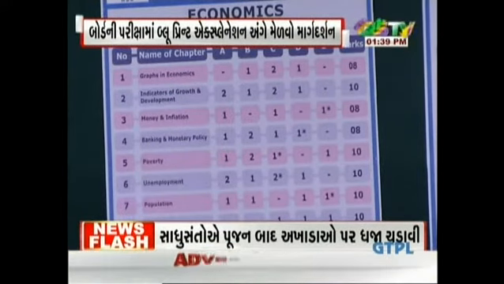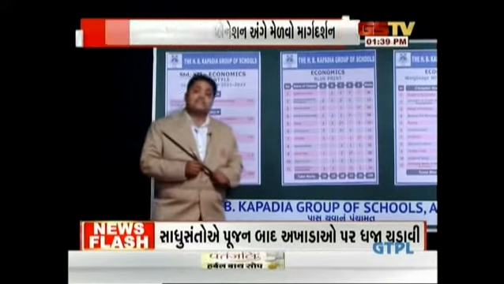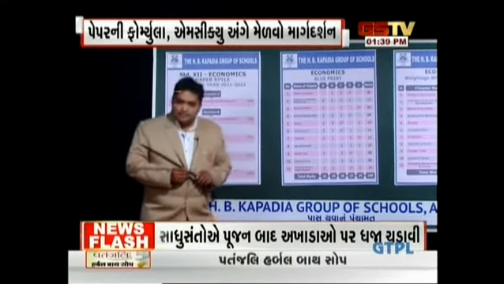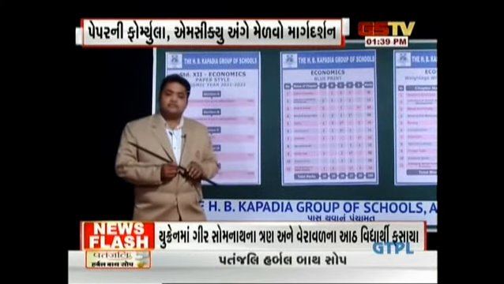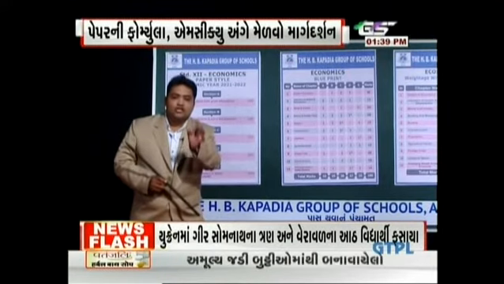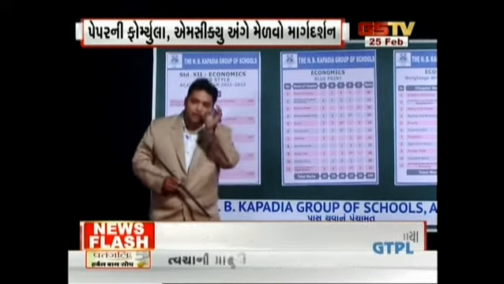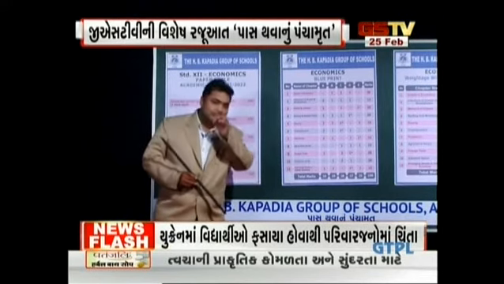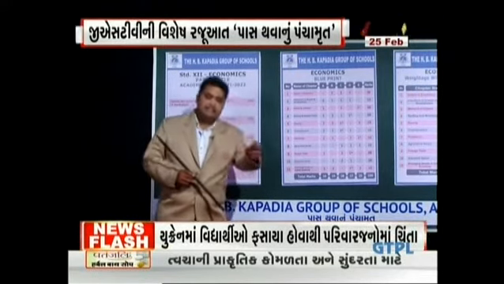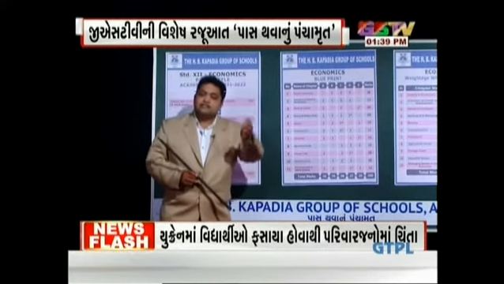Now in this chapter, you know very well that long answers are given. Indicators, causes, measures. You just have to learn these head points. If you write the head points in a proper manner, there will not be any problem in writing the answer. You got the point?